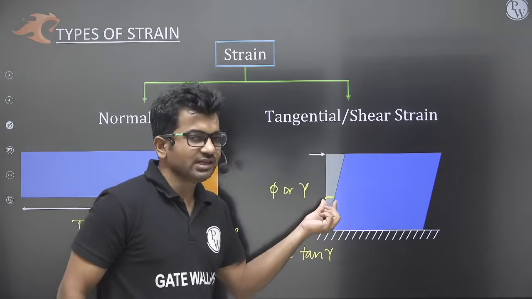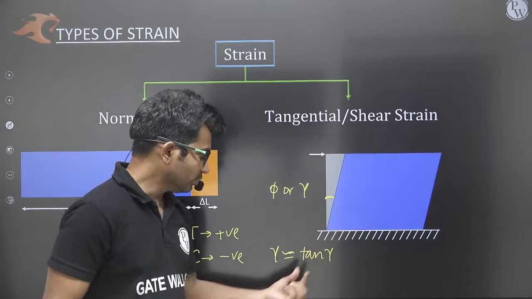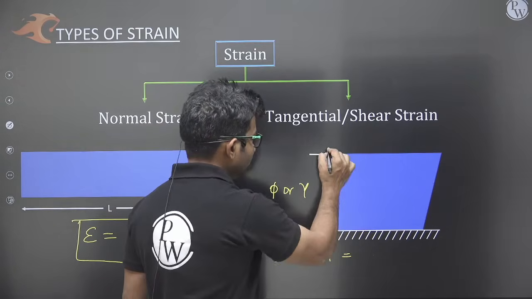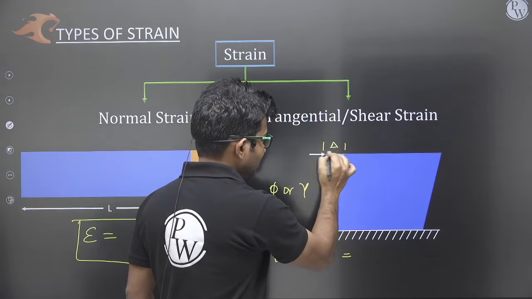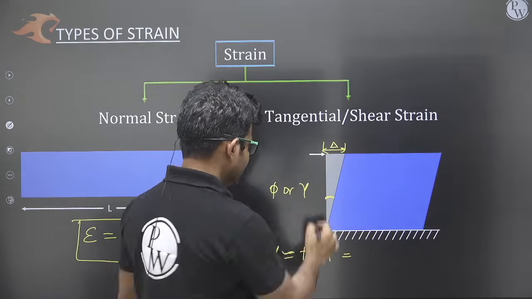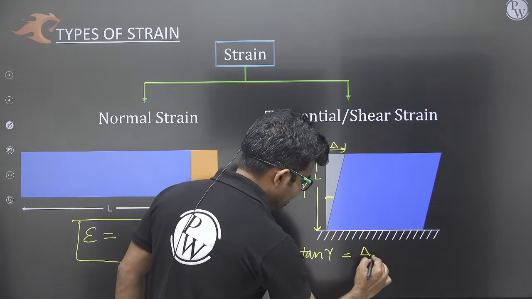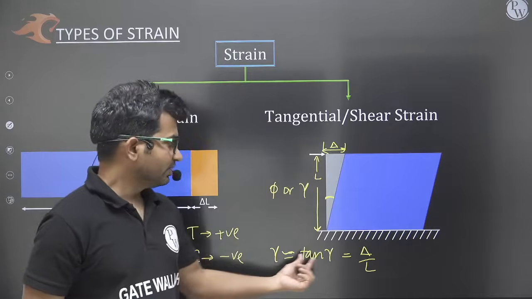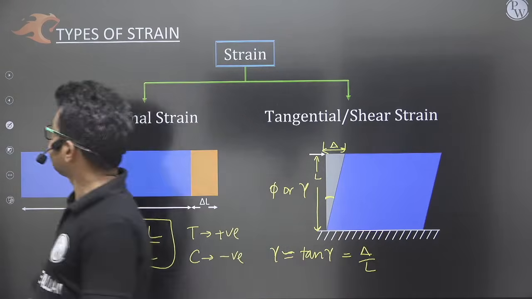Why? Because these angles will be very small. So for very small angles, gamma and tan gamma we can take as equal, and that will be equal to, let us say, the shift of this point is delta here, and this length was L. So we'll get delta by L. Okay, so this will be the shear strain or tangential strain, right?